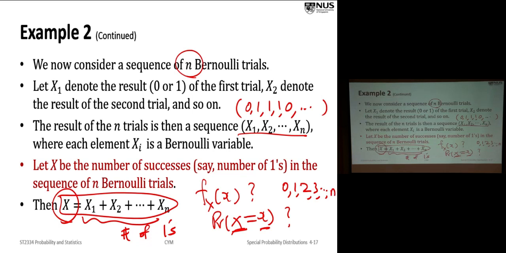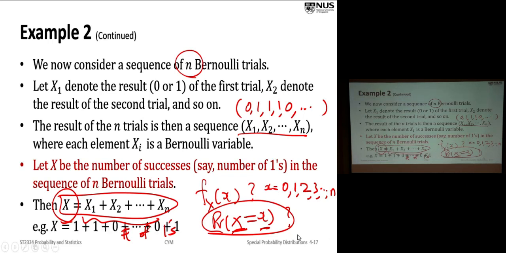How can you have the number of successes bigger than n? At most, you have all successes, which means n successes. So remember, here we fixed the number of trials at n. So for the probability function of the random variable X, the number of successes in these n trials, we want to find out this probability, where x is equal to 0, 1, 2, 3, 4, up to n.